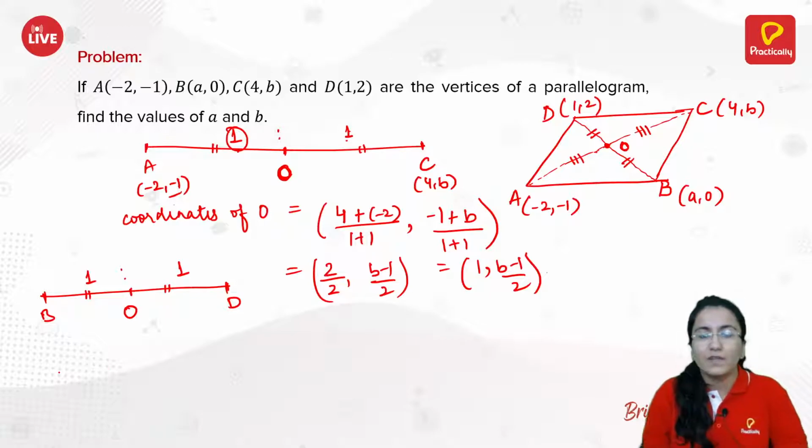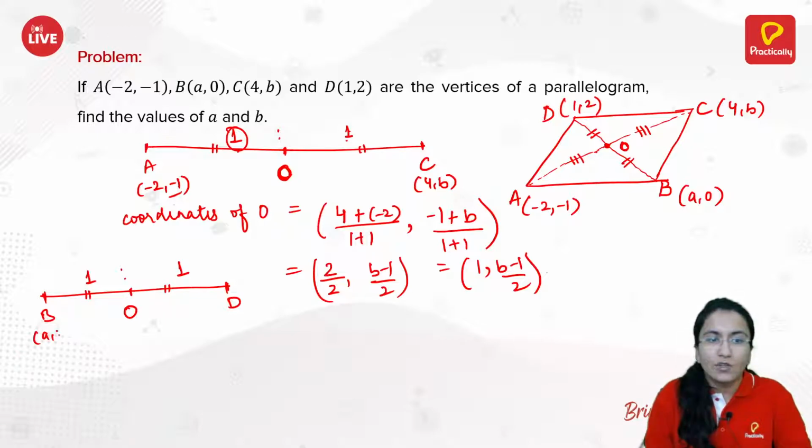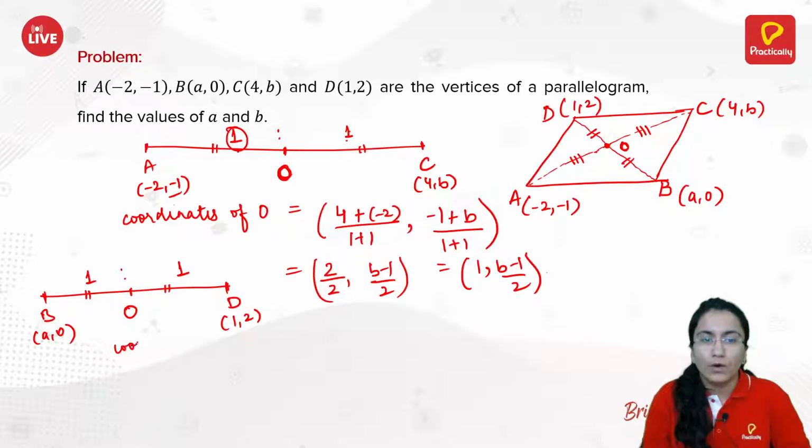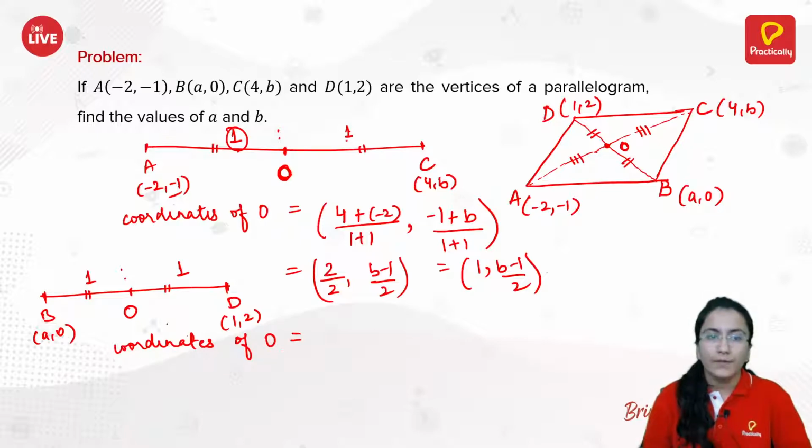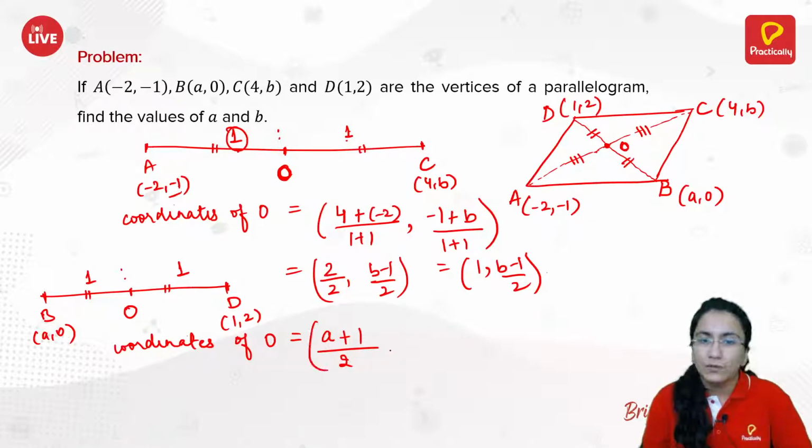If B is (a, 0) and D is (1, 2), just find the coordinates of O. It will be equal to (a times 1 plus 1 times 1) divided by 1 plus 1, that is 2, comma, (0 times 1 plus 2 times 1) divided by 2, same as ((a plus 1) divided by 2, 1).